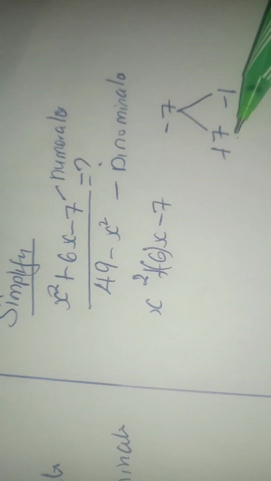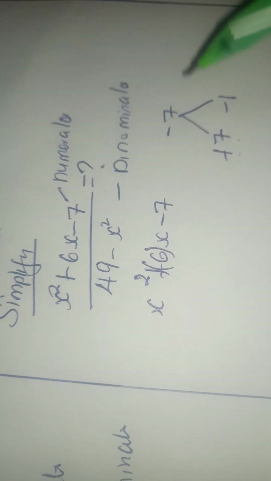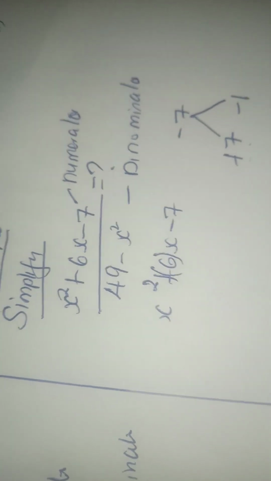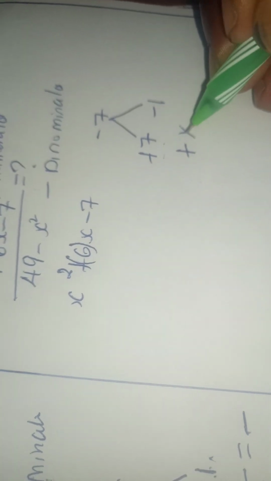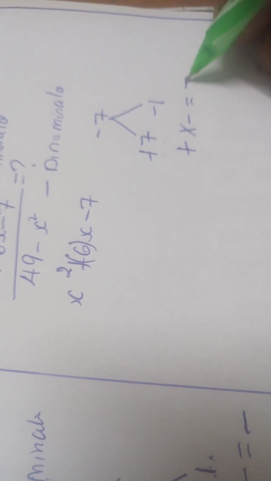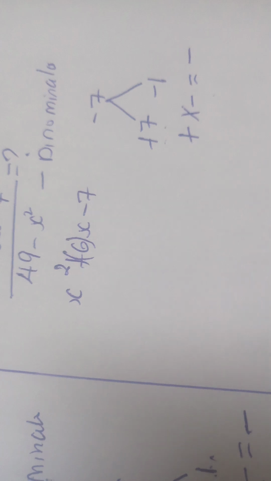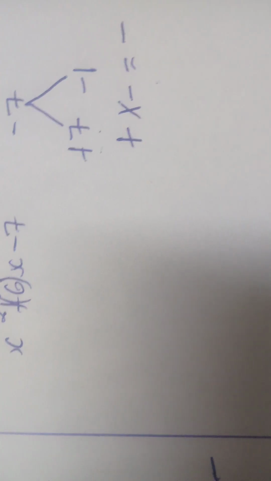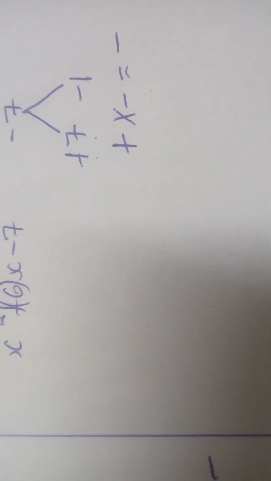When you multiply +7 by -1, you get -7. As you know, the law says a positive multiplied by a negative gives a negative. Is that right? A negative multiplied by a positive gives a negative.